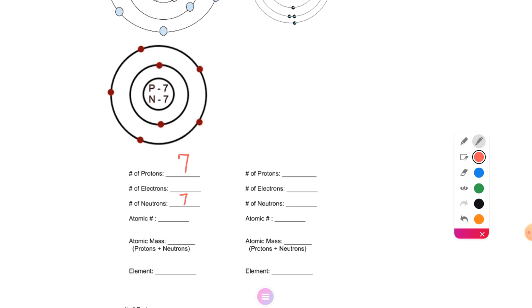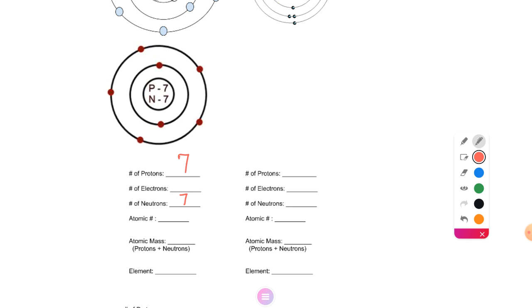How do I find my atomic number? If you need to, go back up to the top.